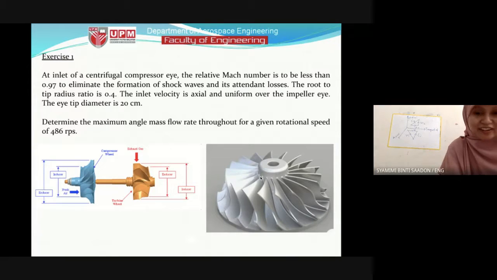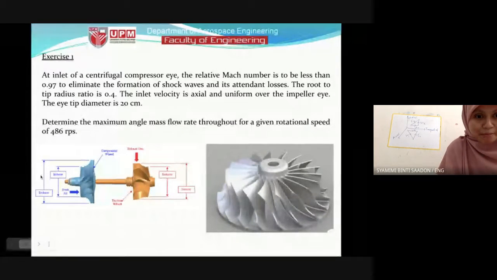Impeller is something like this. I put the figure so that you understand; you can also Google it. This is the impeller, and the eye is at the center. The eye tip diameter is 20 centimeter.